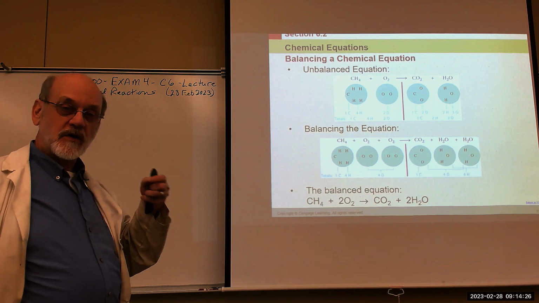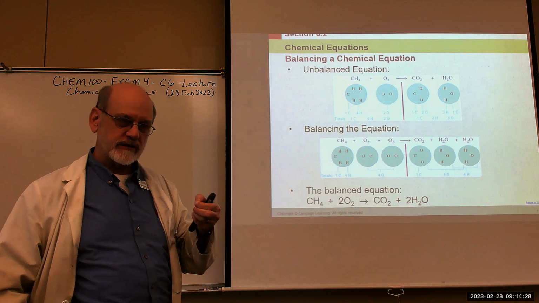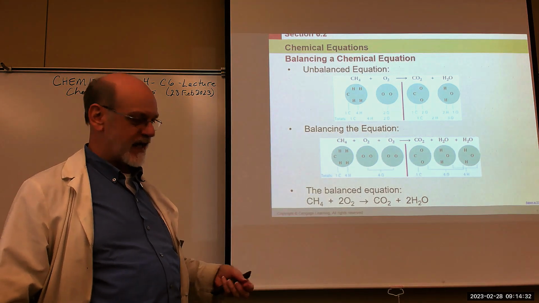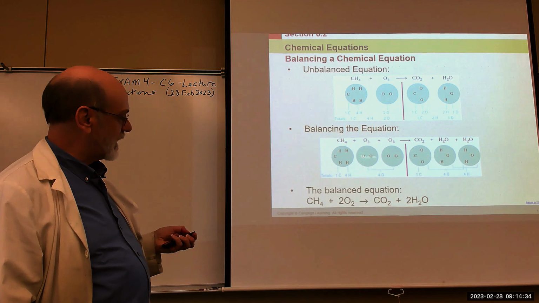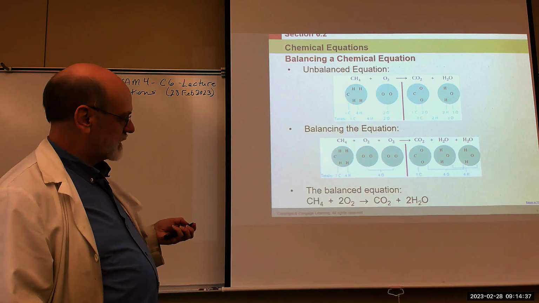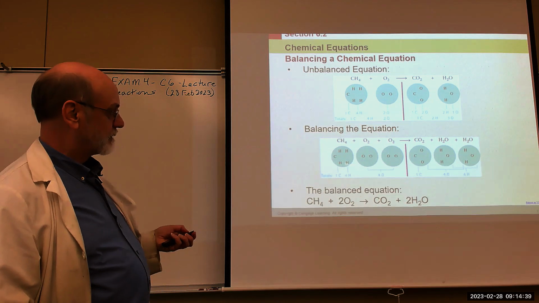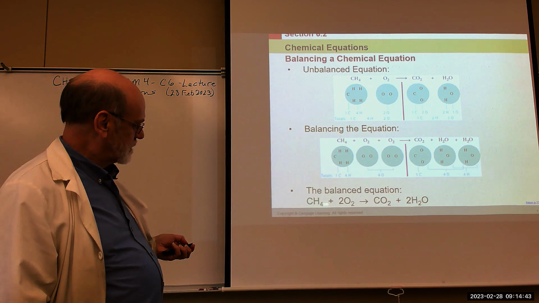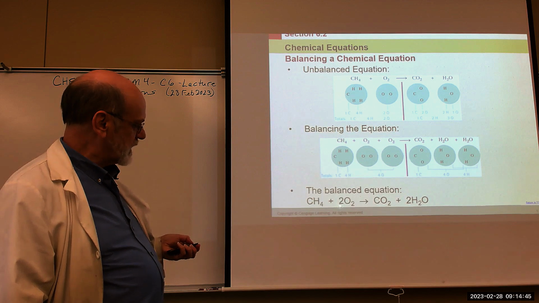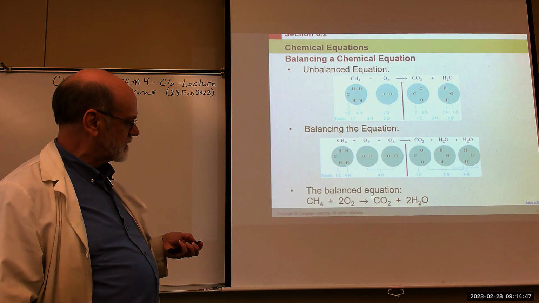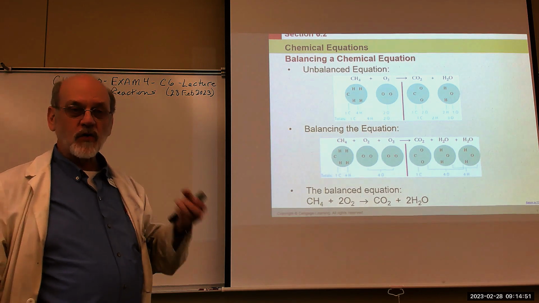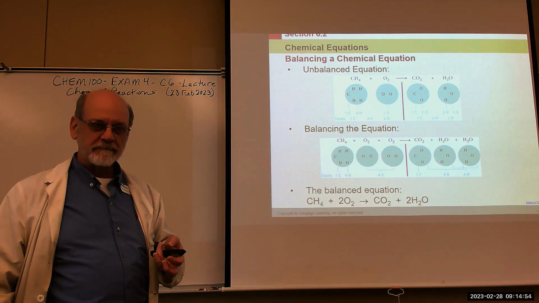That means instead of 2 oxygen atoms on the reactant side, we need 4 oxygen atoms. Right? So if you write it like that, it takes a lot of space, and it's easier to write it like this, to use these numbers in front of the elements or the compounds. Those numbers are called coefficients.